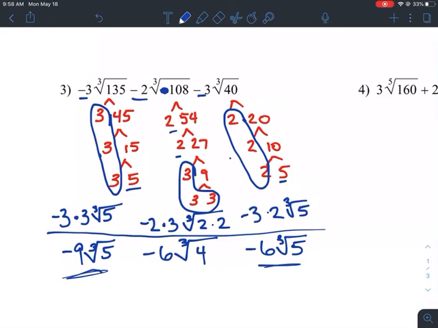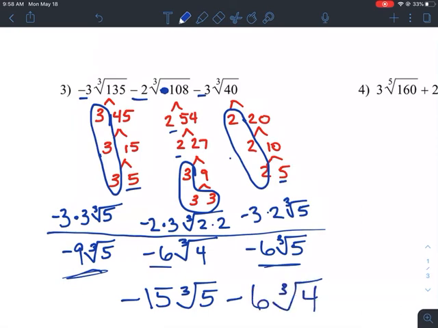Anyway, so I'm going to add the numbers on the outside. -9 plus -6 is -15. And then my cube root of 5 stays the same. And then this guy, I'm just going to write him again at the end. -6 cube root of 4, because he doesn't match with anybody. So he's just going to stay how he is. And then you're done.